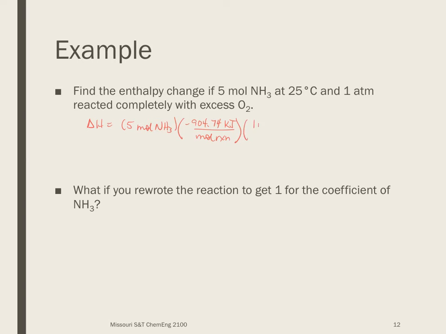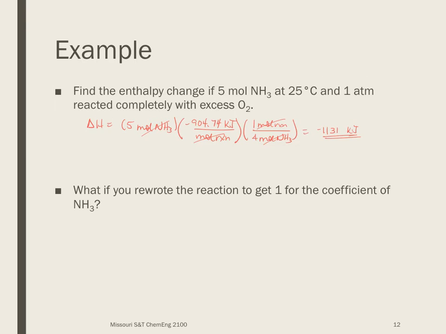In this case, 1 mole of reaction requires 4 moles of NH3. So moles of reaction cancel, moles of NH3 cancel. I'm left with just kilojoules, and the answer is negative 1,131 kilojoules for this reaction to go to completion.